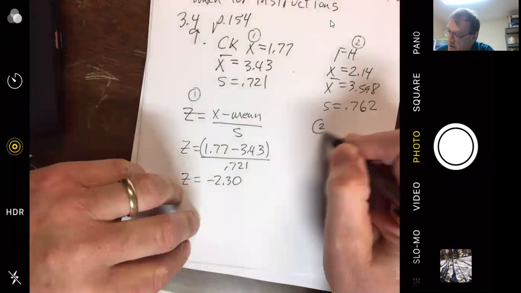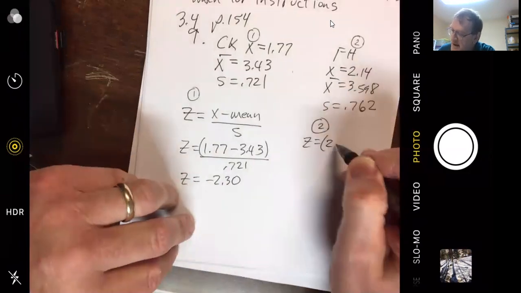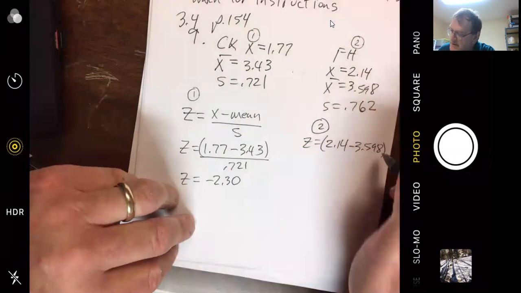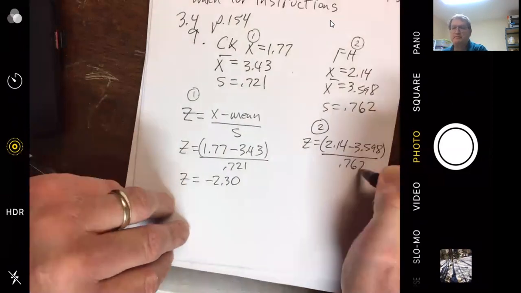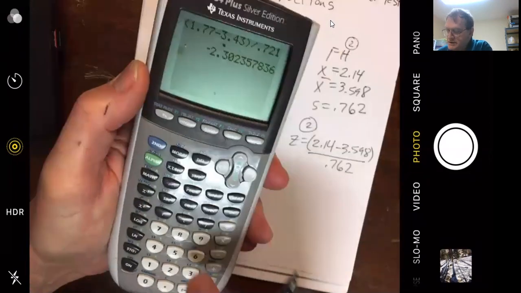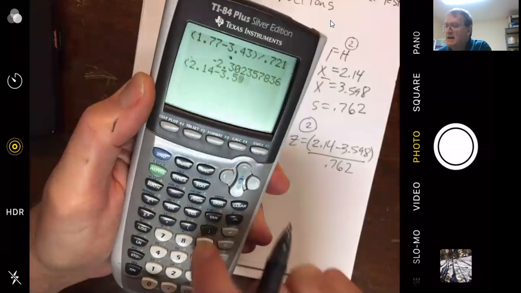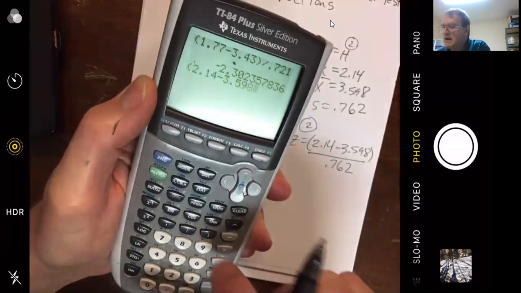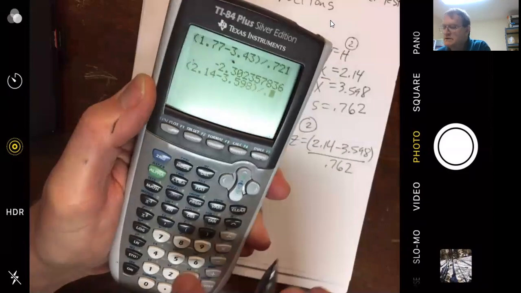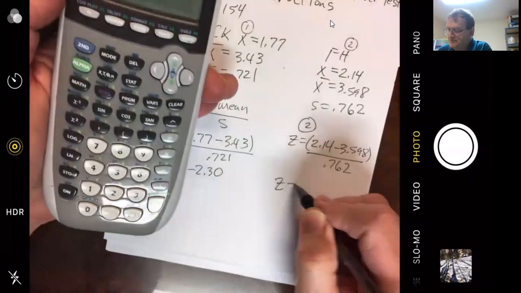All right, number two, we'd have 2.14 subtract 3.598, divided by 0.762, negative 1.91.